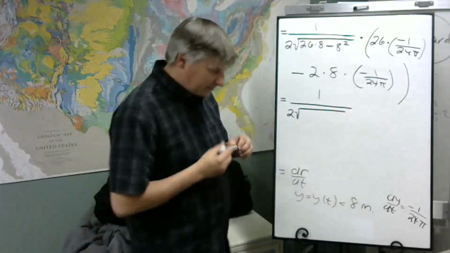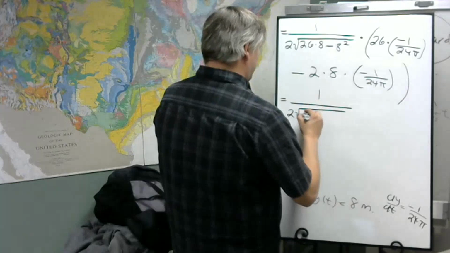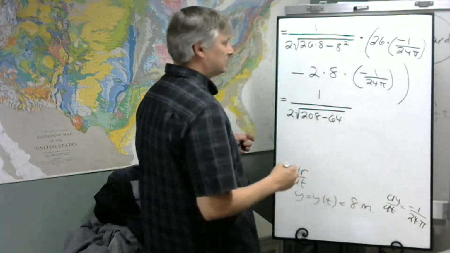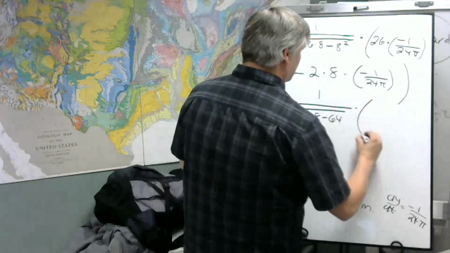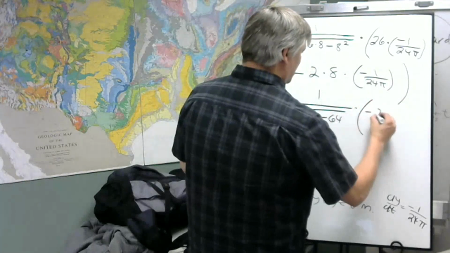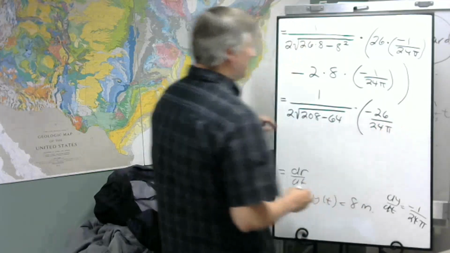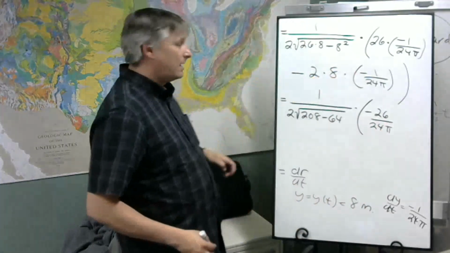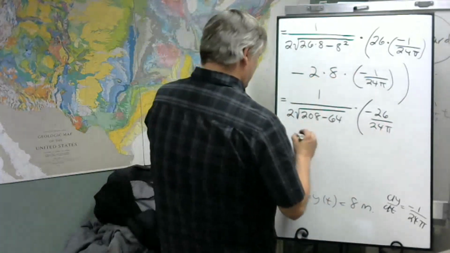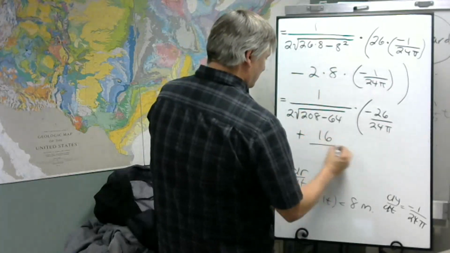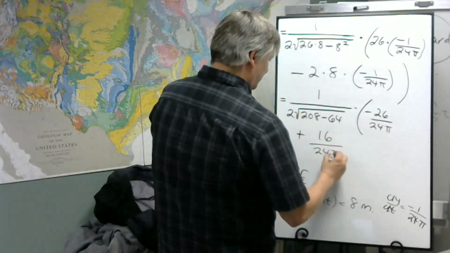So 26 times 8, 208, minus 64. This will be -26 over 24π. Negative and negative will be positive, so you have positive, and then 2 times 8 is 16 over 24π.